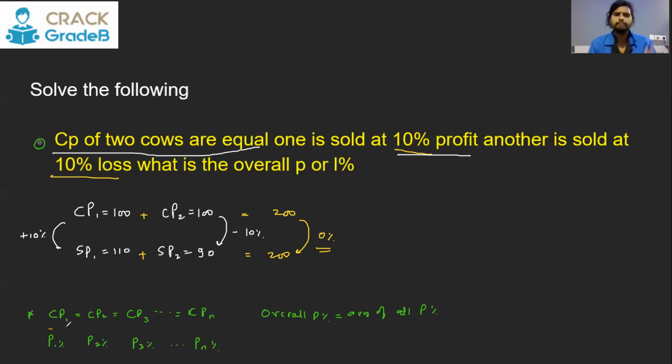So if first cow is sold for 10%, second is sold for 20%, 30%, then you just have to take the average of 10, 20, 30.